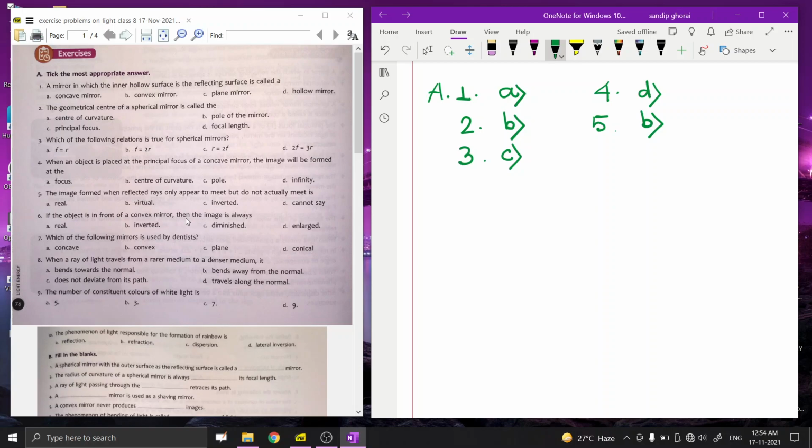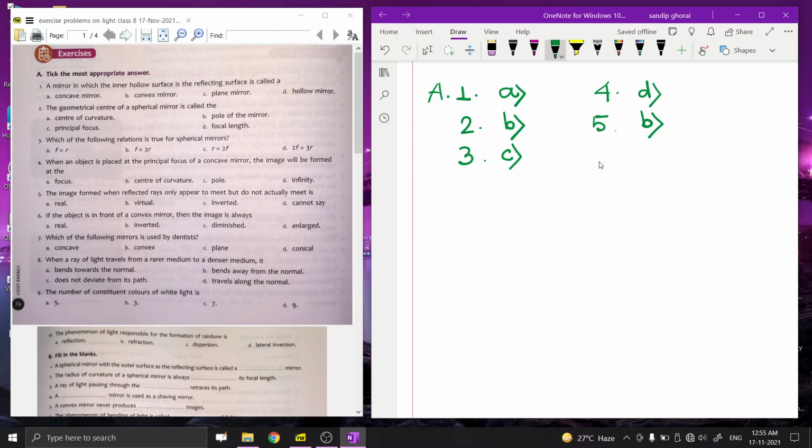The image formed when reflected rays only appear to meet but do not actually meet is called a virtual image. And what is the definition of a real image? When after reflection, the reflected rays actually meet at a particular point, we get a real image.